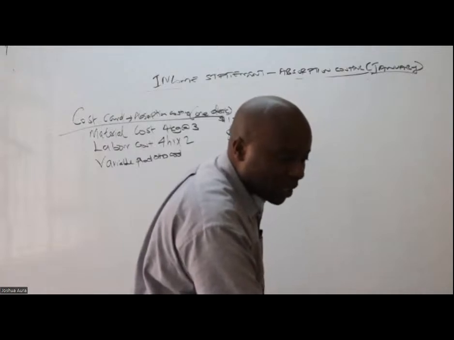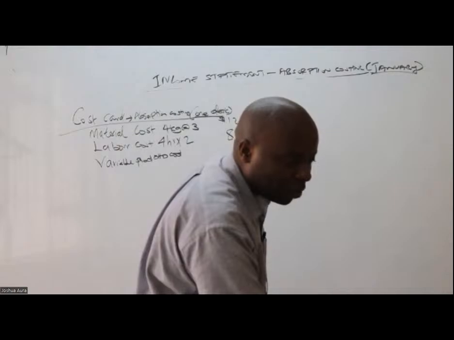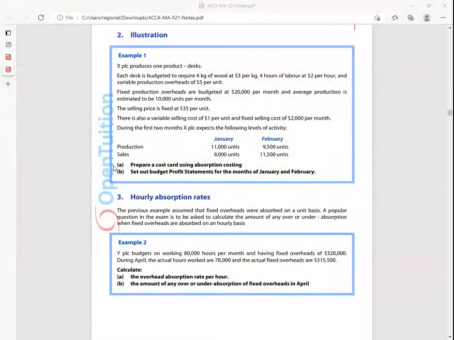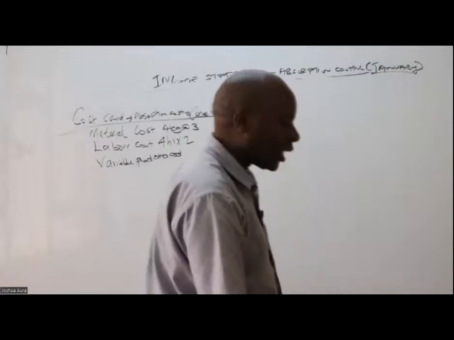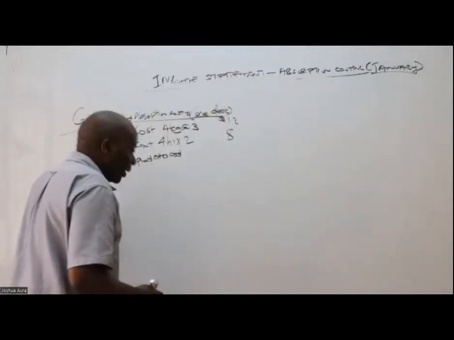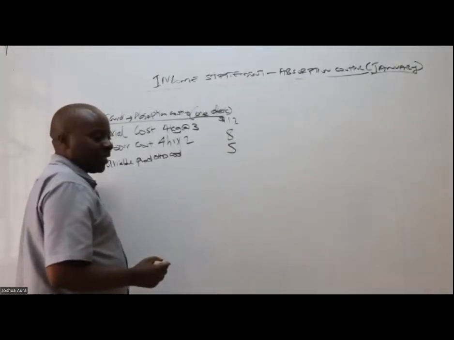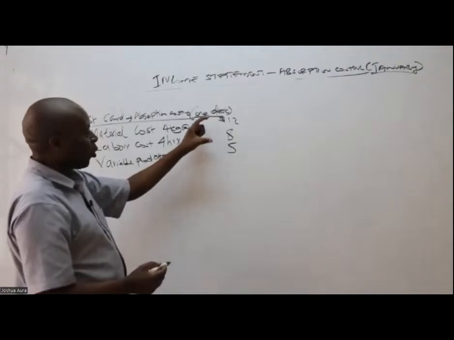The variable production overhead cost is 5 per unit. It's a production cost. It has to come into costing.